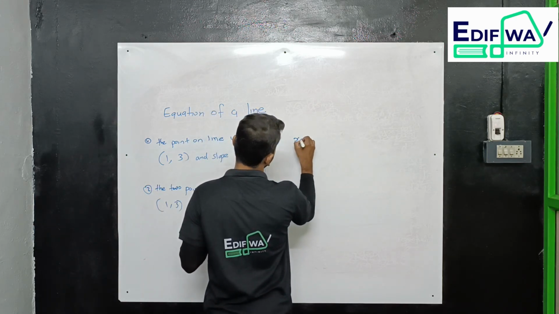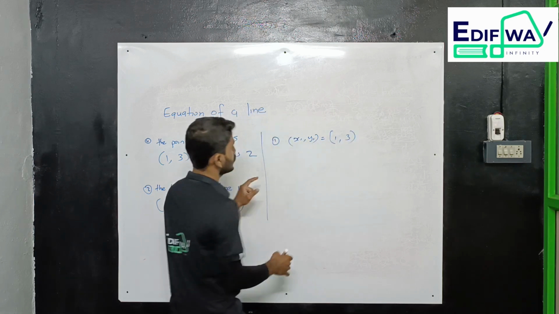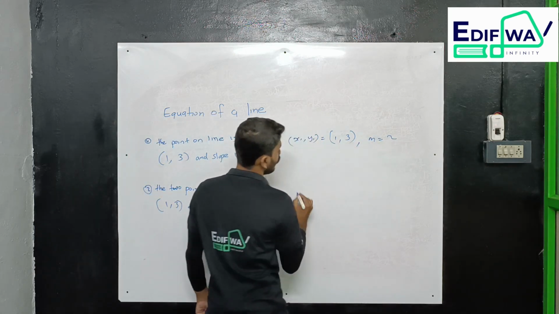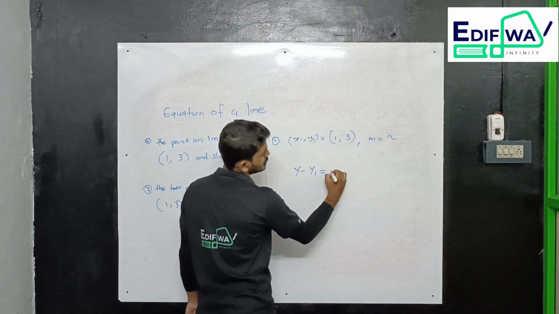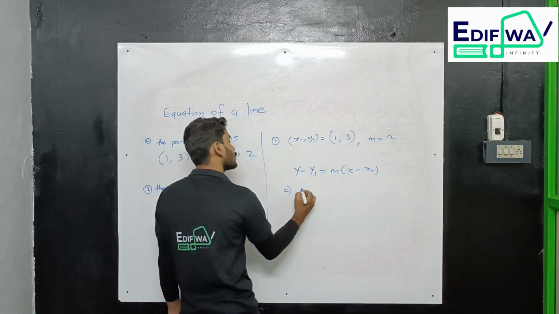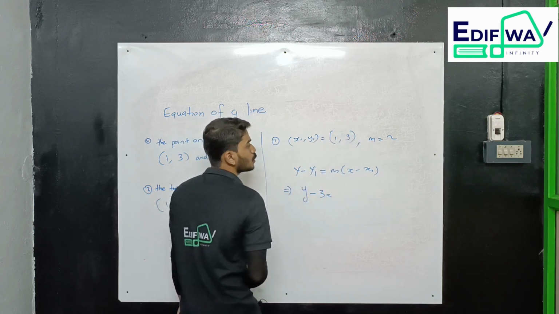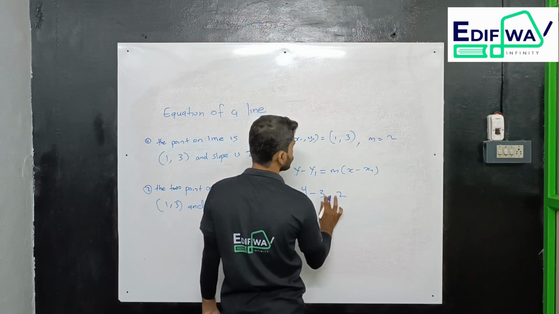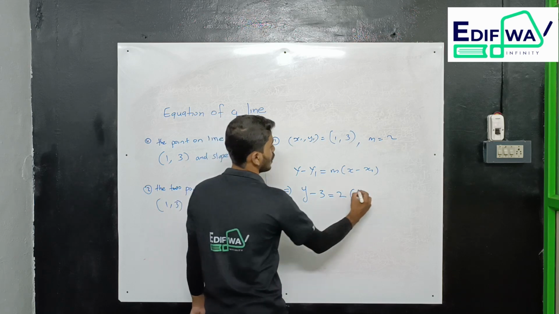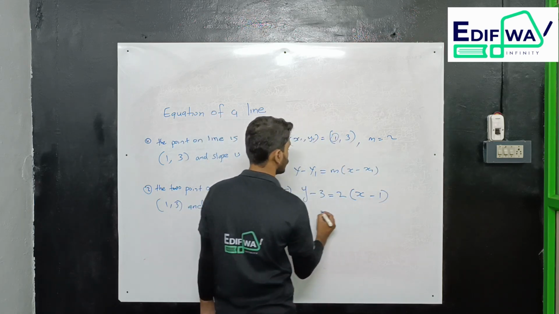What about x1 comma y1? 1, 3. x1 is 1, y1 is 3, and the slope m is equal to 2. What is the 1-point form equation? y minus y1 is equal to m into x minus x1. Applying that, y minus 3 is equal to 2 into x minus x1, and x1 is 1, so x minus 1.